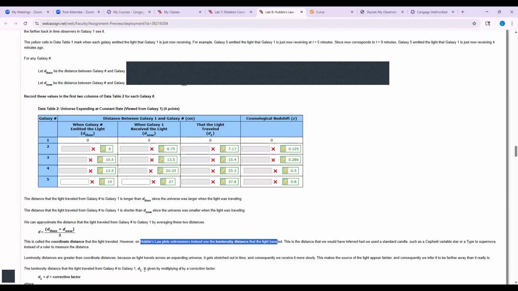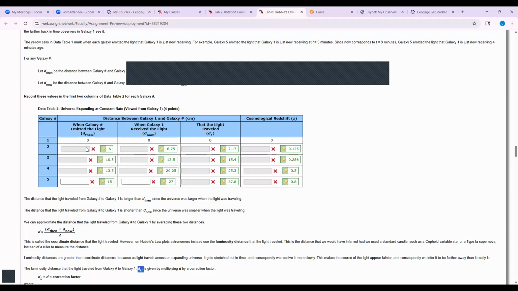Therefore, based on that, we create a concept here. We call it DL. DL is equal to d times the correction factor. We approximate the distance of the light travel from galaxy 2, 3 or 5 till 1 by averaging two distances: whatever distance we measure now and whatever distance we measure when the light was sent to us.